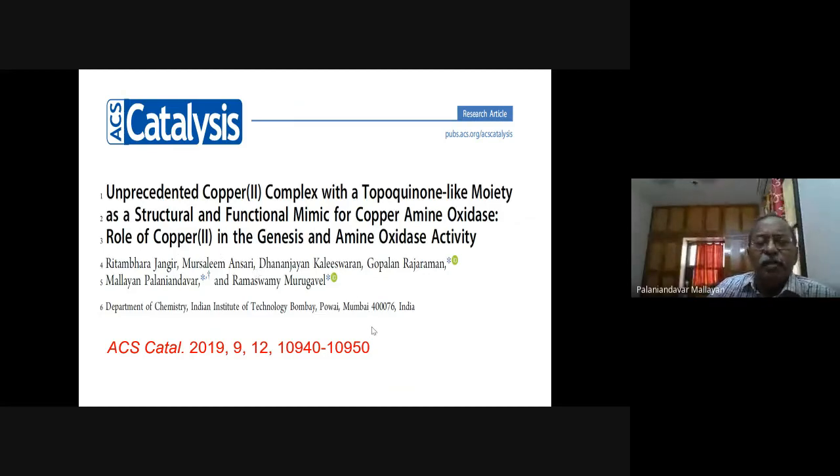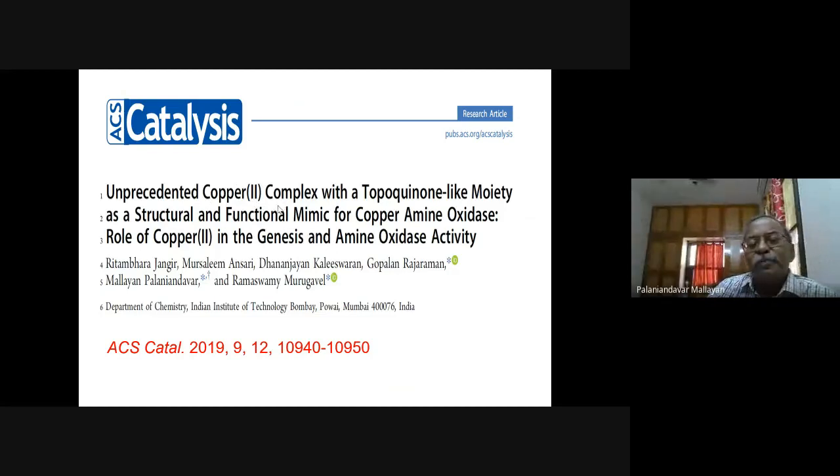Not only did we mimic the active site, we also mimicked the enzyme's catalytic activity. We were also able to demonstrate that copper is very much essential to generate the topoisomerase cofactor, and it is also essential to further catalyze, not only the genesis but also the use of the copper 2 compound.